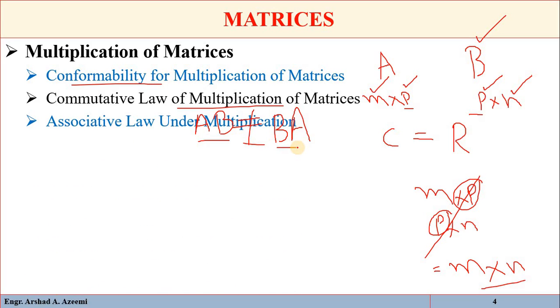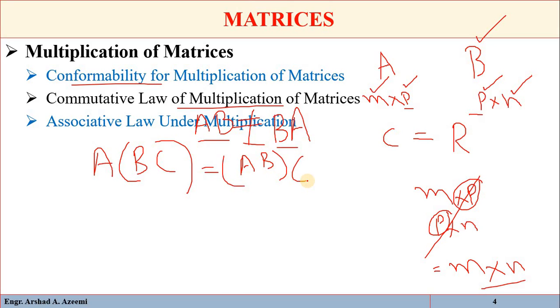Associative law under multiplication. For example, if we have three matrices A, B and C, then the multiplication of BC with A will be equal to the multiplication of AB with C. That means the associative law of multiplication holds in matrices.